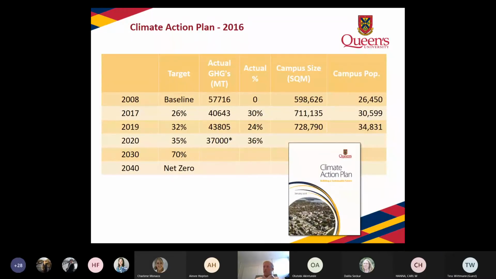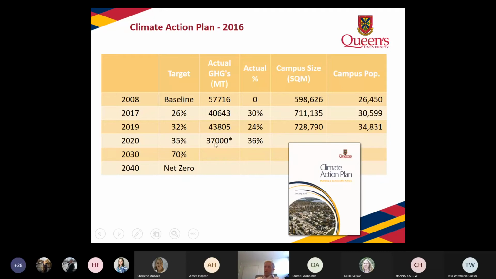So this is looking at the targets we laid out in 2016. And so in the first column here, I've got the target, and then I've prorated the baseline for the specific year based on the overarching target of 35% for 2020. So back in 2008, we were emitting close to 57,000 tons of greenhouse gas emissions, and primarily that was from our heating plant, which heats all of the campus as well as the local hospital.